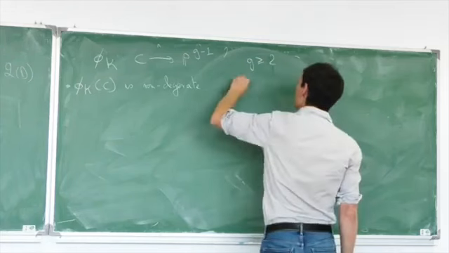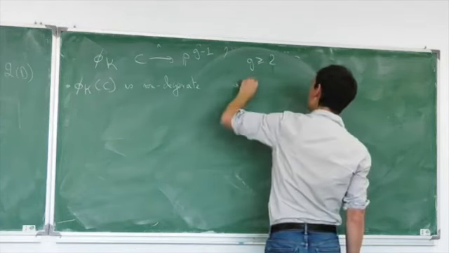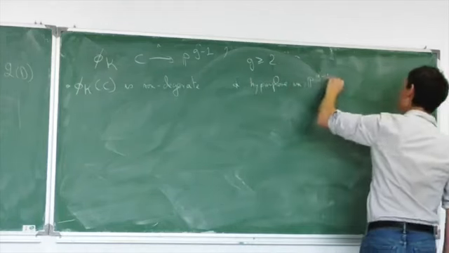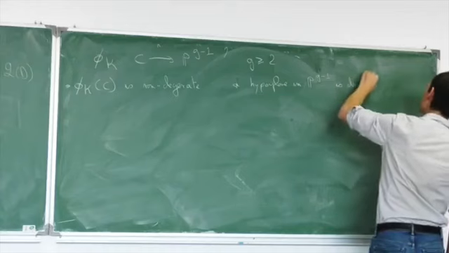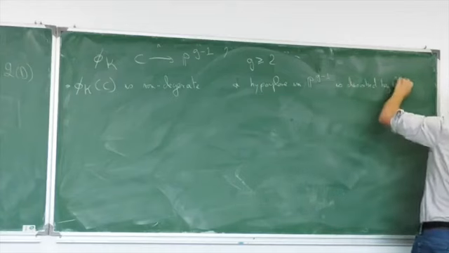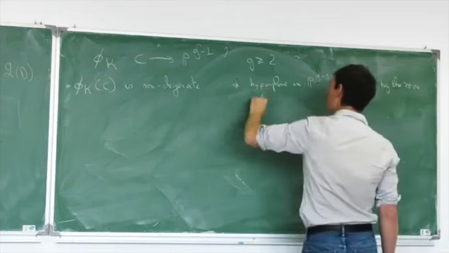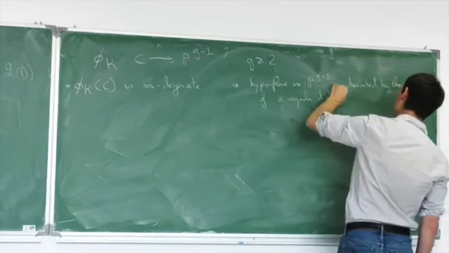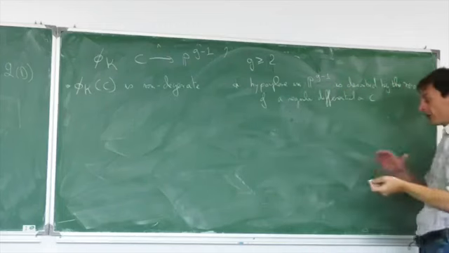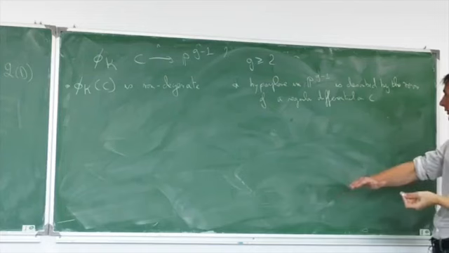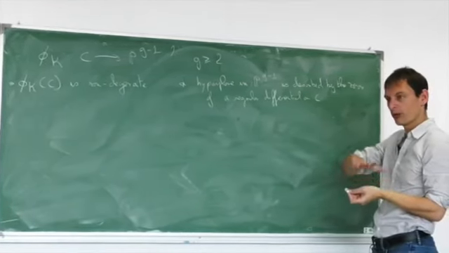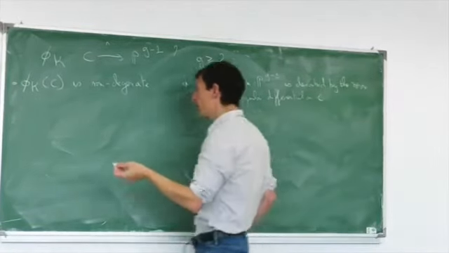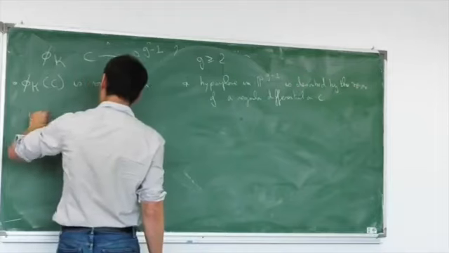So a hyperplane in P^(g-1) is described by the zeros of a regular differential on C. But if this hyperplane contained the curve, all points on the curve would be a zero of my regular differential, and by consequence omega would be 0.